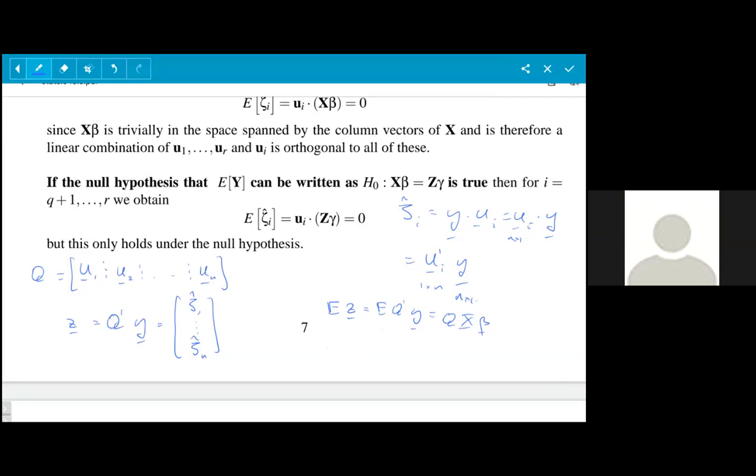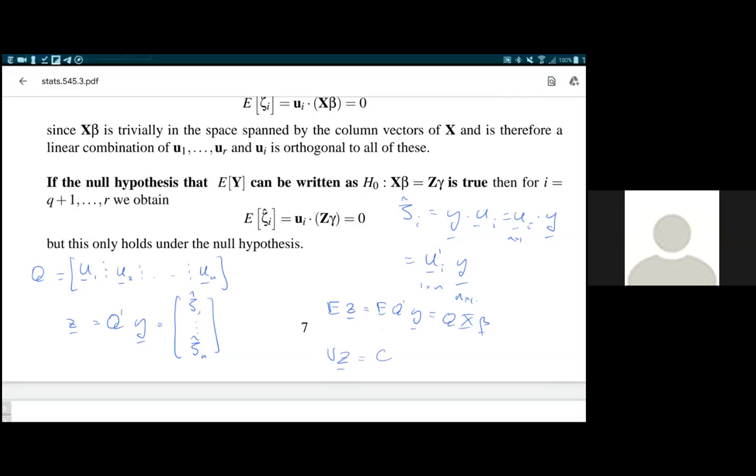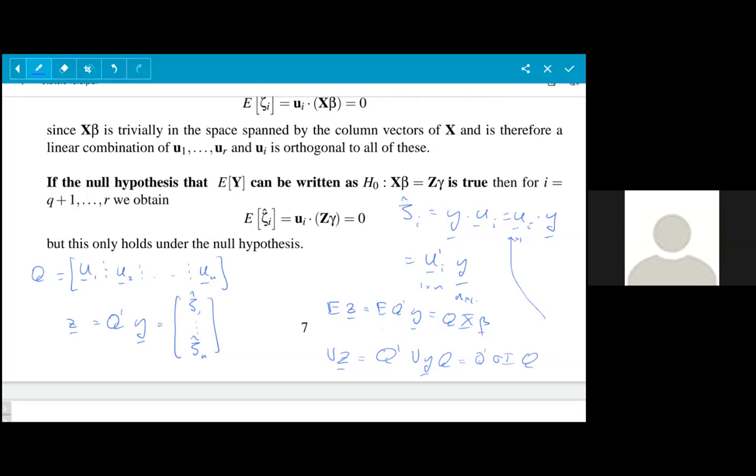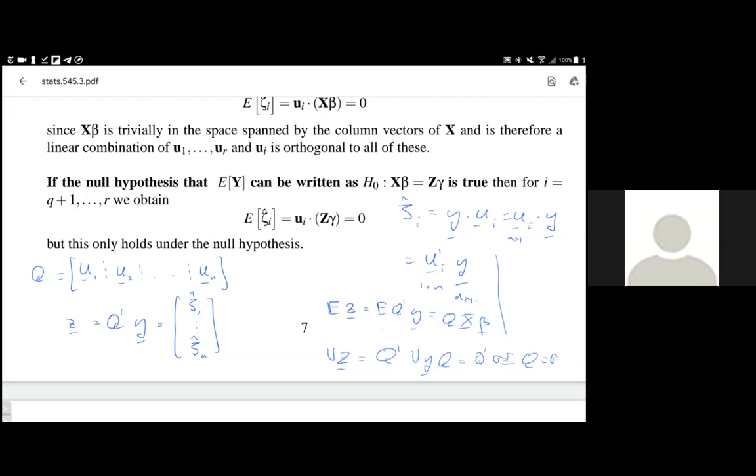And we also know that the variance covariance matrix of all these z's is Q prime times the variance covariance matrix of the y times Q, and this now is equal to Q prime sigma squared times the identity times Q, or simply sigma squared Q prime Q. And if you write Q prime, it's got the U's on the side, so Q prime Q is the identity matrix, and so this is sigma squared times the identity matrix.